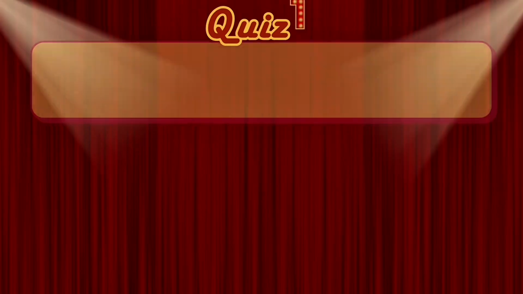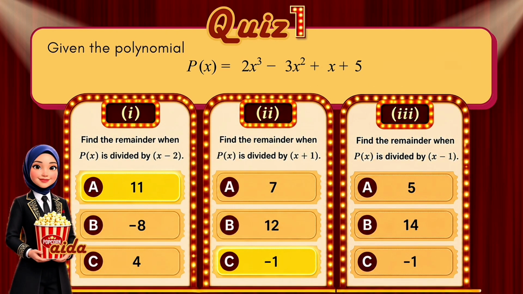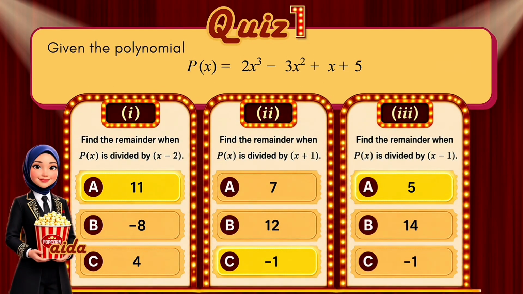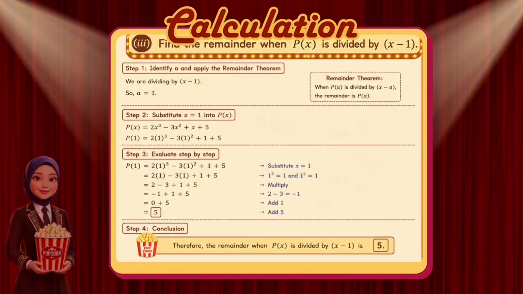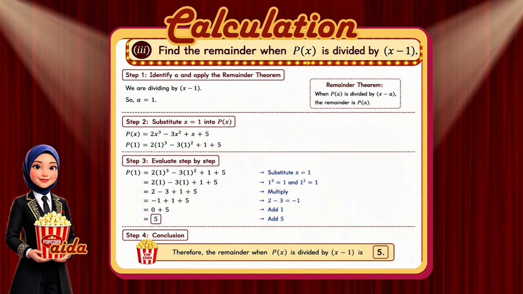For the third question, find the remainder when p(x) is divided by x minus 1. And the answer is A, equal to 5. For this question, we need to find a and apply the remainder theorem. So a equals 1 because we are dividing by x minus 1.